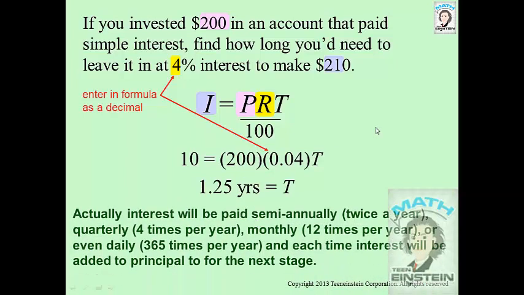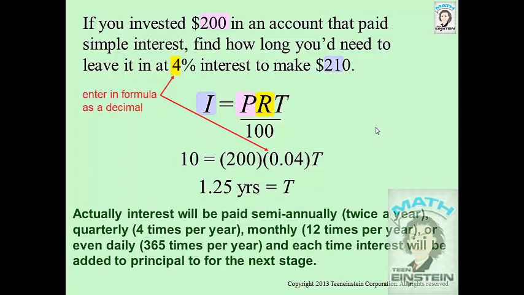Actually, interest is not always paid annually. Some institutions or banks give interest semi-annually, that means every 6 months, twice a year, or some quarterly, 4 times, or monthly, or even 365 times per year.